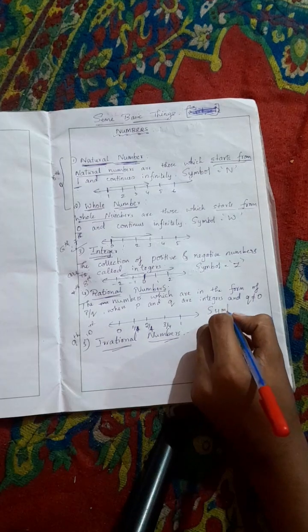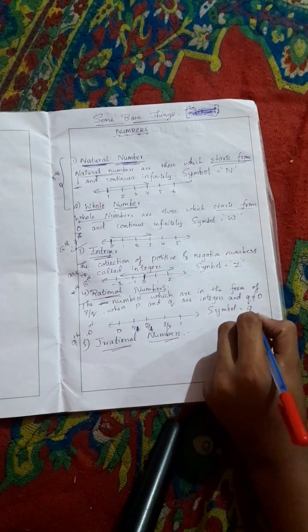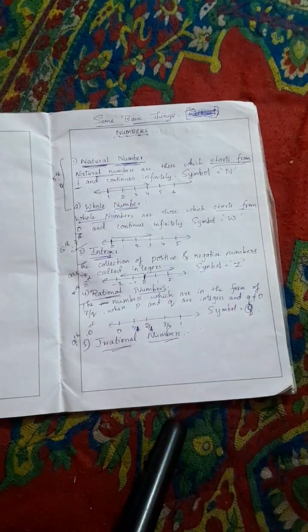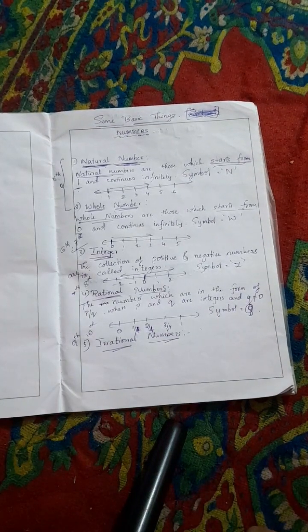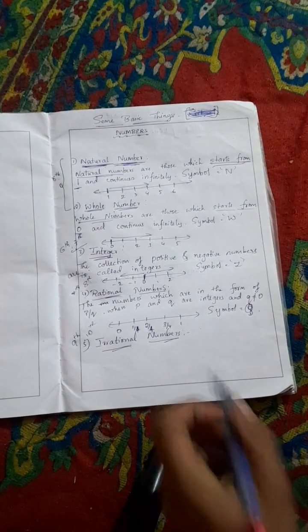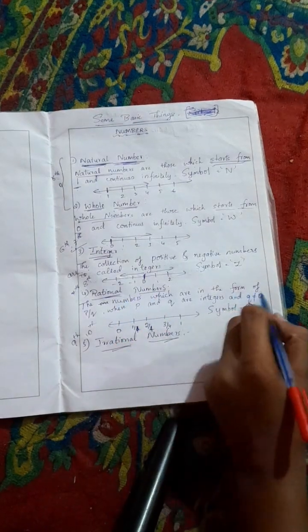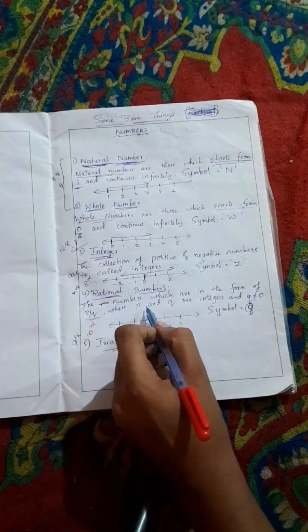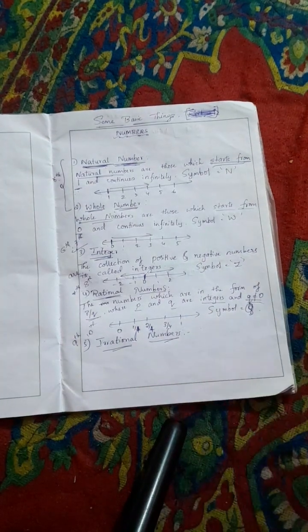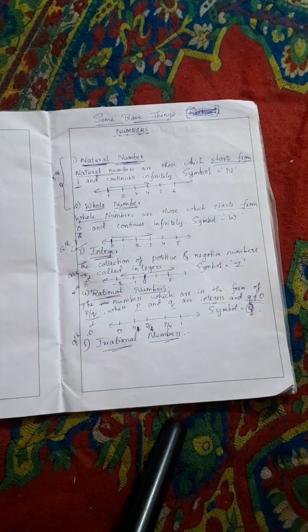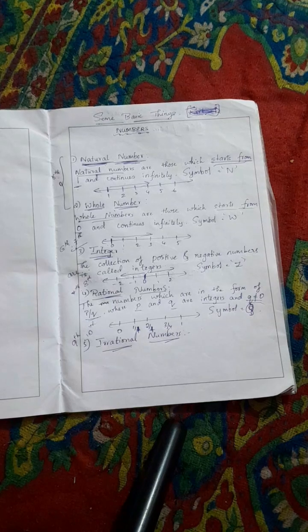Symbol Q. Now here in rational numbers, they are in the form of P by Q, where P and Q are integers and Q is not equal to 0. The denominator should not be equal to 0.